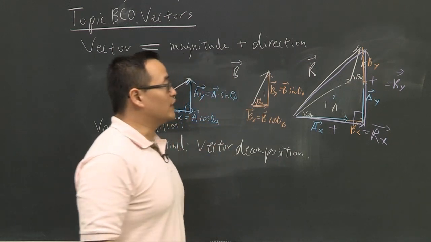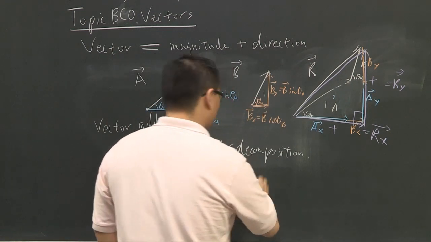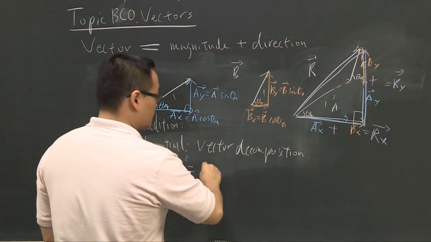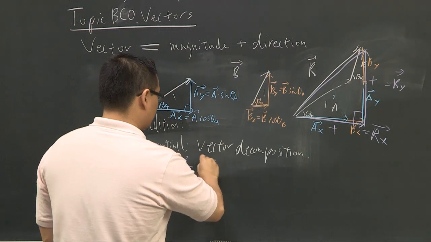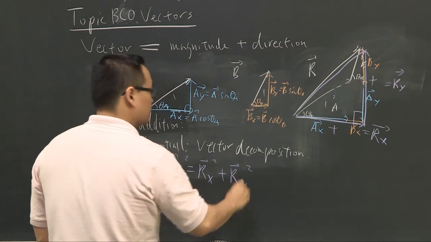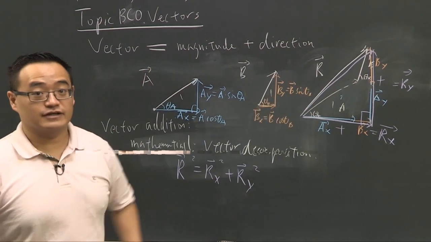What you get is a very, very simple right triangle. To get the magnitude of R, we know that R squared is equal to Rx squared plus Ry squared. Right? Pythagorean theorem. The two legs give you R squared.